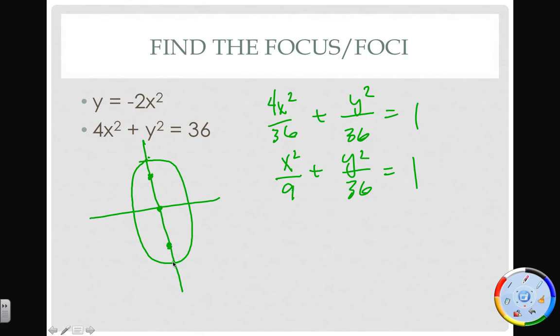But in order to find that, I need a C value. So I need to know what C is. Well, I can find C if I know what A is and I know what B is. That's easy because I have them in my equation. This number under the y squared is A squared, which means A is 6. And this number under the x squared is B squared, so I know that B is 3.